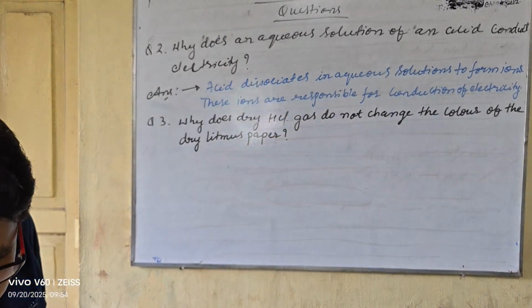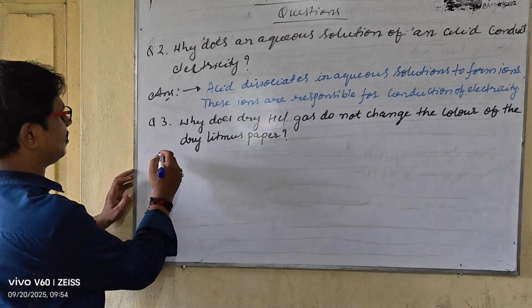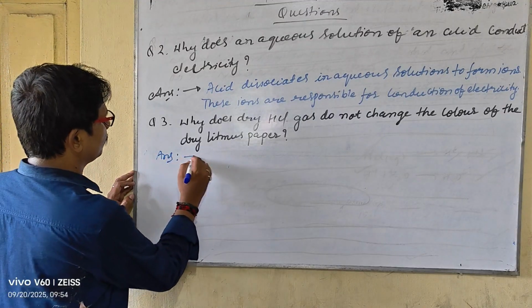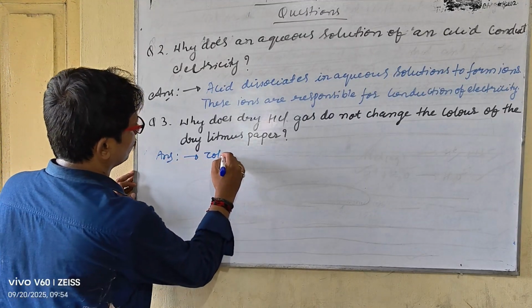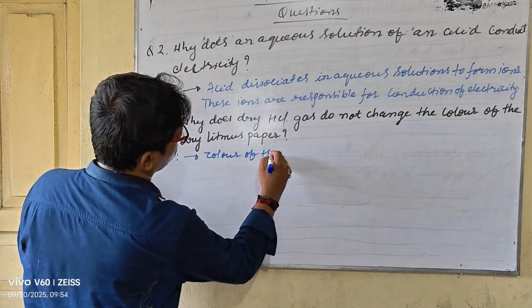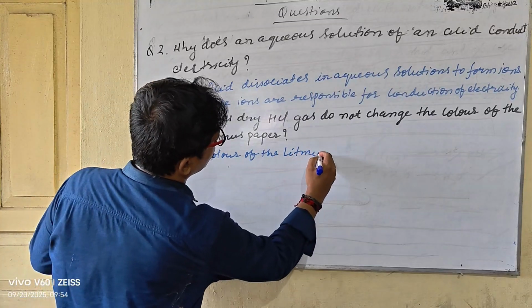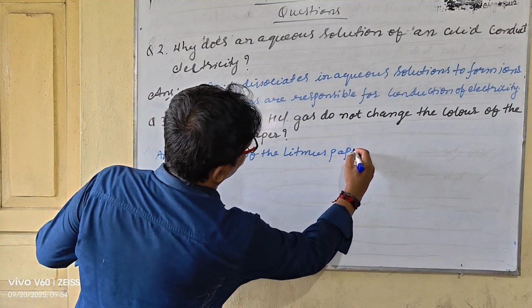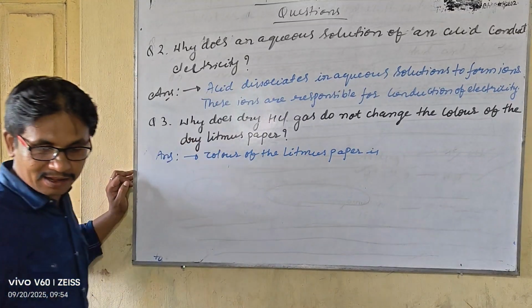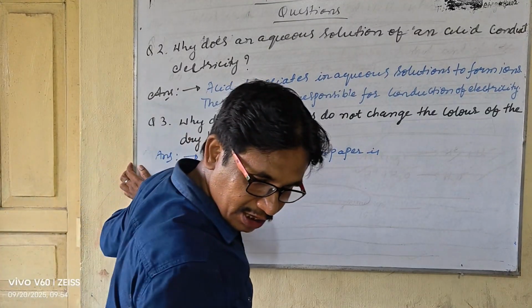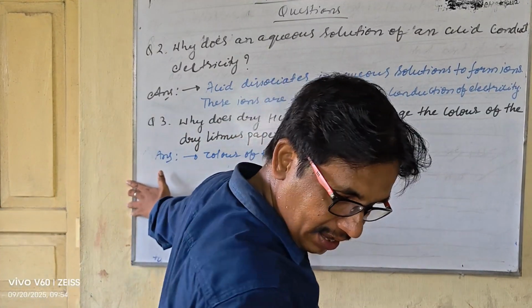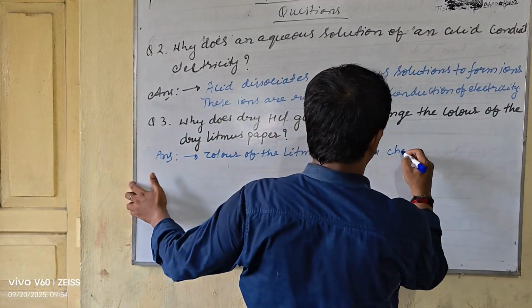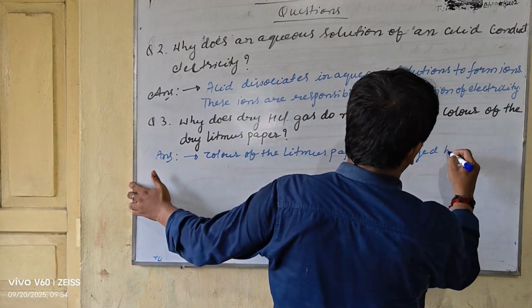The color of the litmus paper is changed by the hydrogen ion.